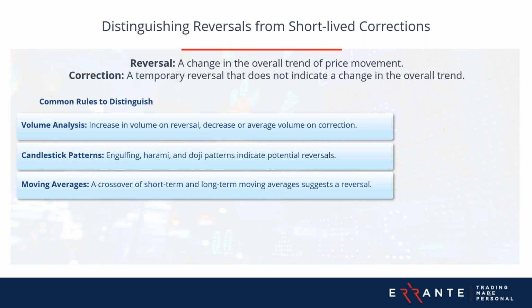A crossover of a short-term moving average above a long-term average may indicate the beginning of an uptrend, and vice versa for a downtrend. It signals a potential reversal for the market direction.